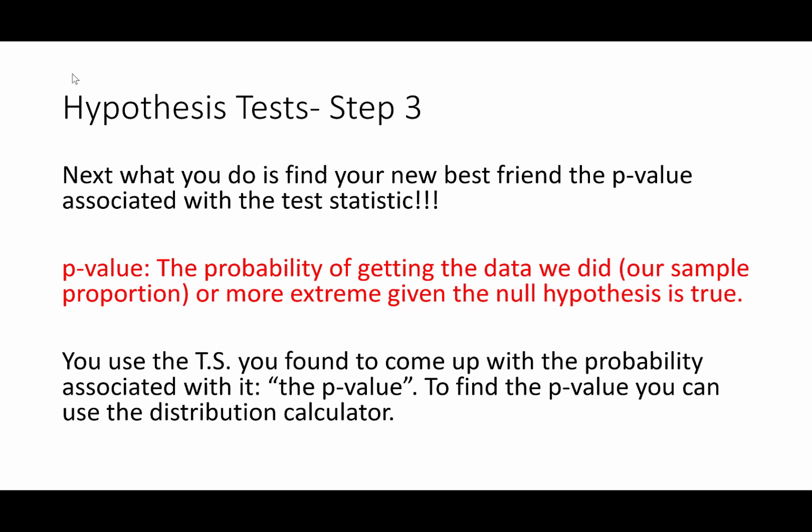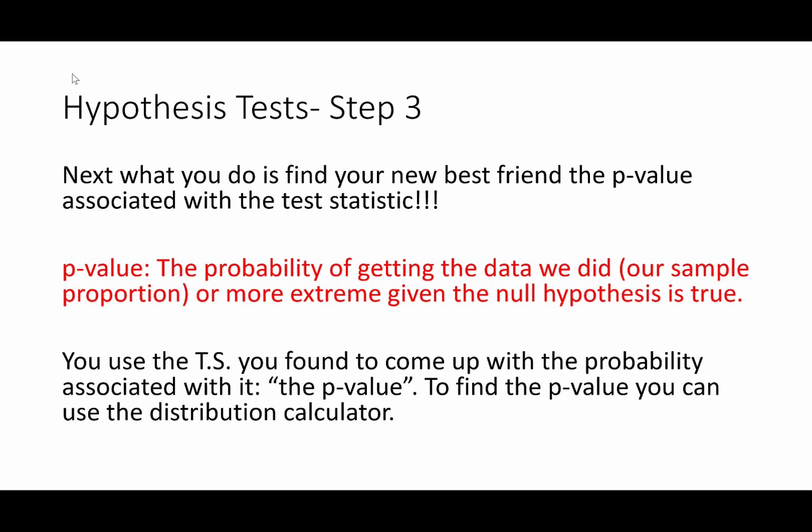The p-value, again, more broadly, represents the likelihood or the probability of getting the sample statistics that we did, the data we did. That's our evidence. In this case, it was our sample proportion. How likely was it for us to have gotten our sample proportion, or one more extreme, if the null hypothesis is true?